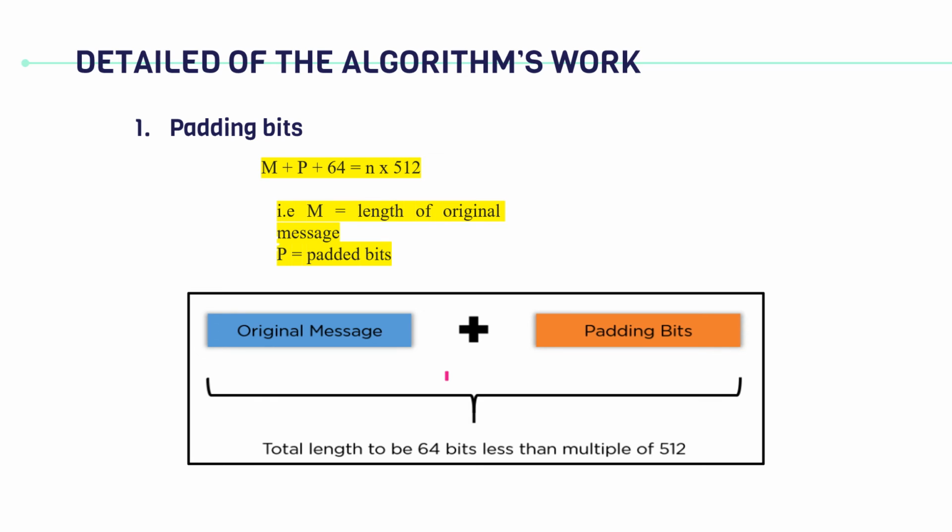After the addition of these bits, the length of the message ought to be exactly 64 bits under a multiple of 512. So m plus p plus 64 equals n times 512. So basically m is the length of the original message and p is the padded bits.